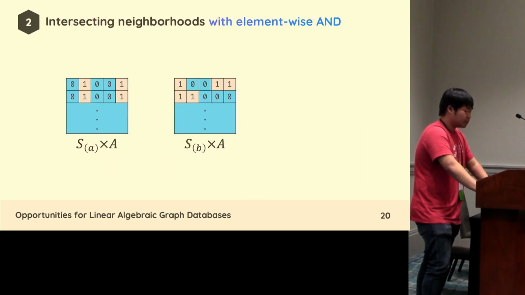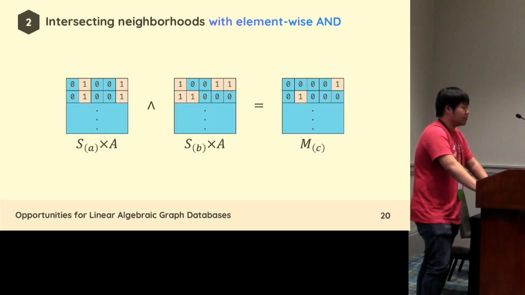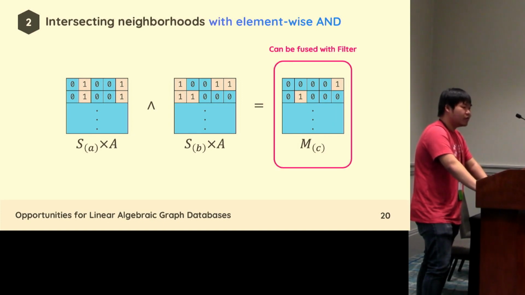After we get both of the neighborhoods, we can apply an element-wise matrix logical AND between the two result matrices. And finally, we will get the common neighbors between the first and the second nodes of the triangles. And note that it is possible to fuse with the filter stage, if you want, by introducing a write mask at this stage.